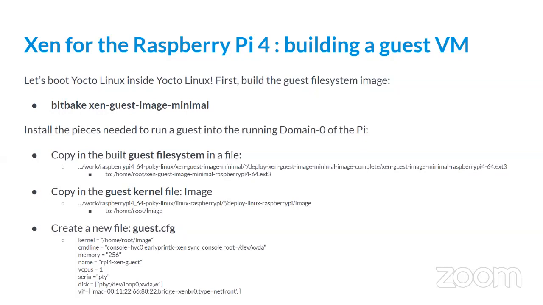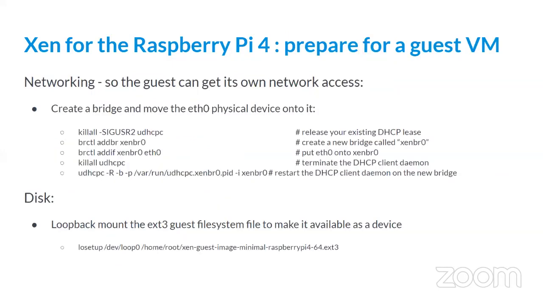You also have a kernel image file, and if you then create a small guest config file, which includes the lines here, you are ready to prepare the host for the guest VM, which involves a little bit of rearranging of your networking so that your guest VM will be able to get an IP address and onto the network when it comes up.